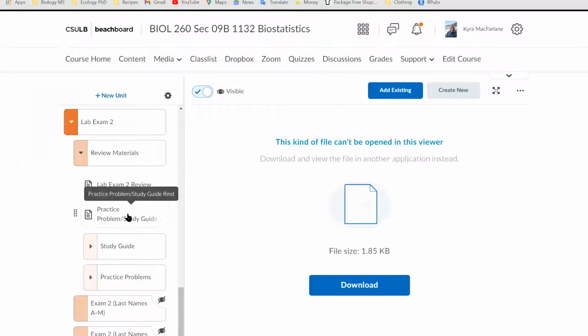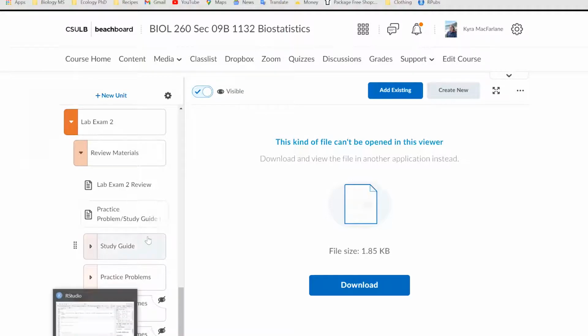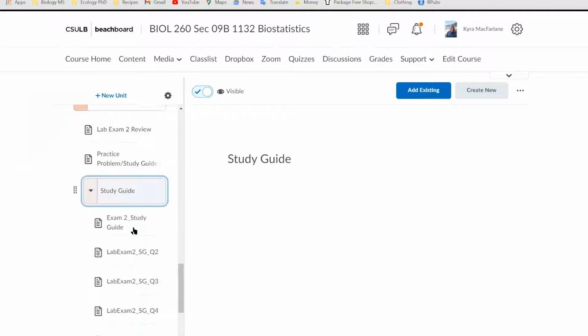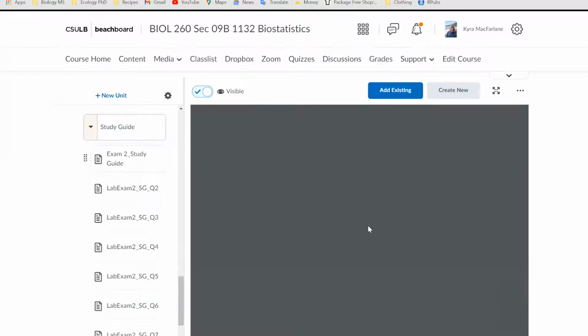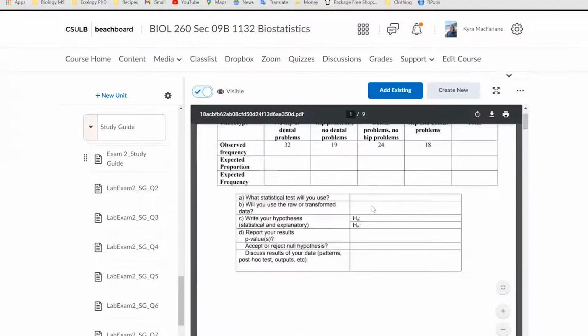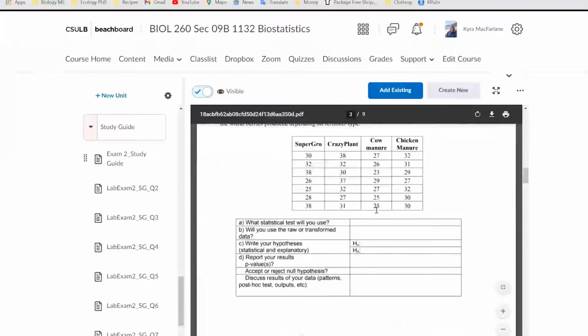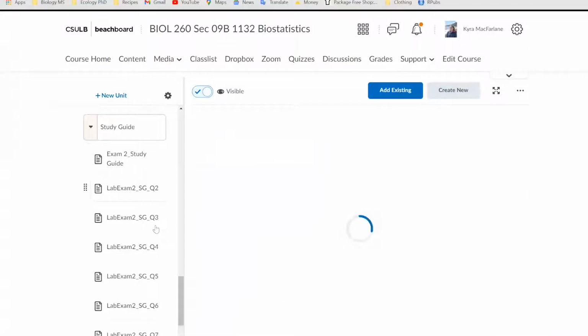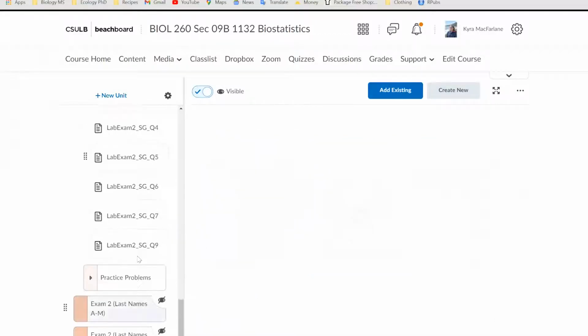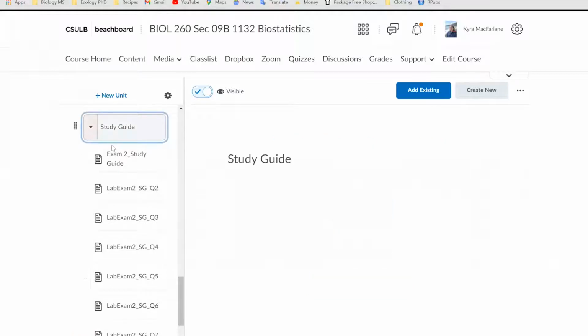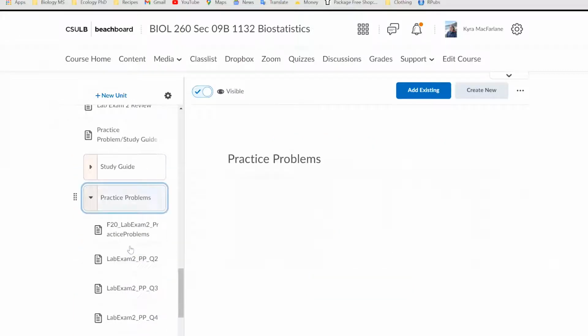There's also a template for you to answer the study guide and practice problems, an R markdown template for you to work through everything. The exam 2 study guide has practice problems for you to go through, and each of these has an individual CSV file. The practice problems are set up in the same way.